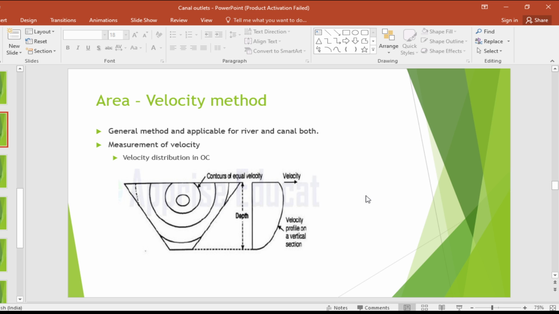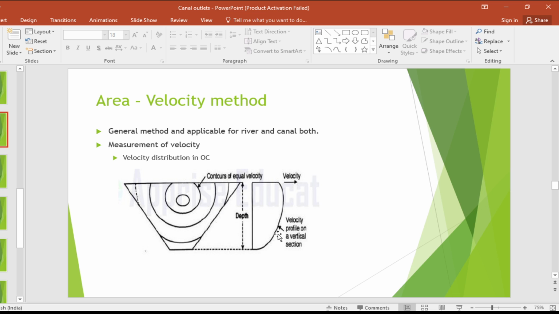Here you can see the contours of equal velocity, the depth of the particular channel section, and the velocity profile of a vertical section is shown.